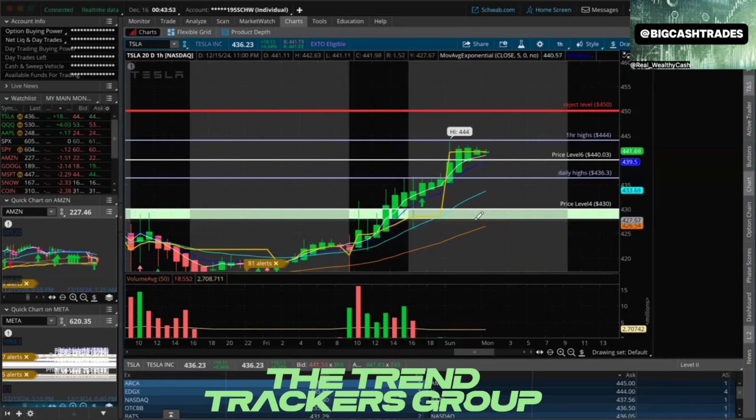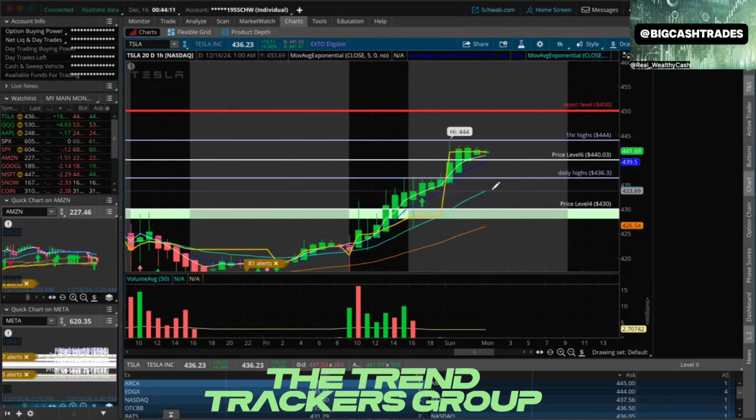I will add the whole load, as long as I got confirmation, some type of wicks off of this, something that looks like a strong wick off of this, and then I call it a lollipop candle. But if we got a big, strong reversal candle, boom, I'm adding it all.